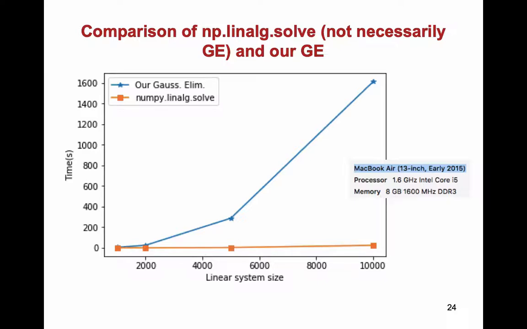That's already, okay? And again, this is not a large system by contemporary engineering standards. And especially if I have to constantly solve the systems for different scenarios, it piles up. Now, we can also see that there is np.linalg.solve, which is not necessarily Gaussian elimination, but just to show you how optimized code looks, it takes close to 0 seconds.